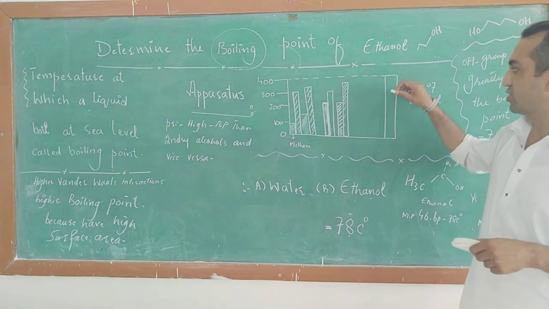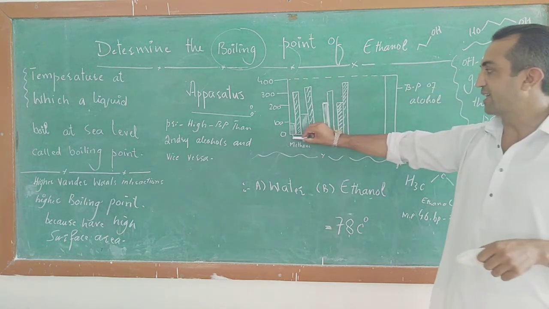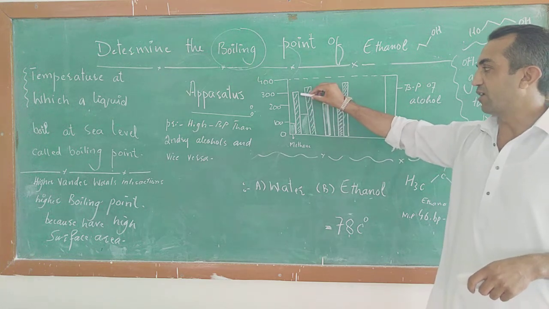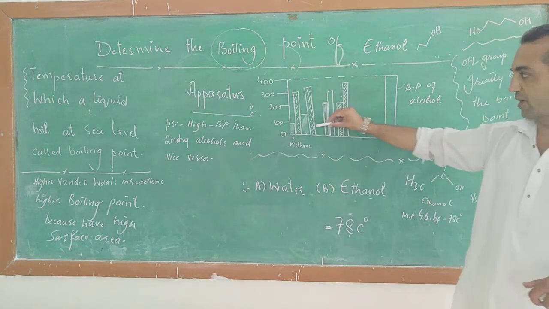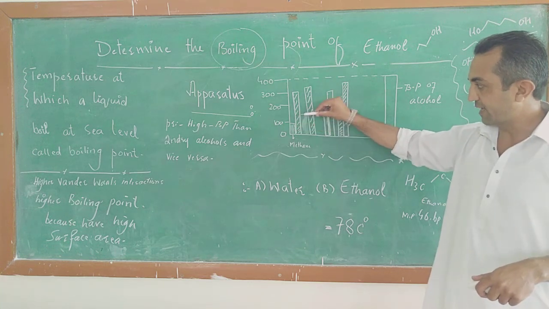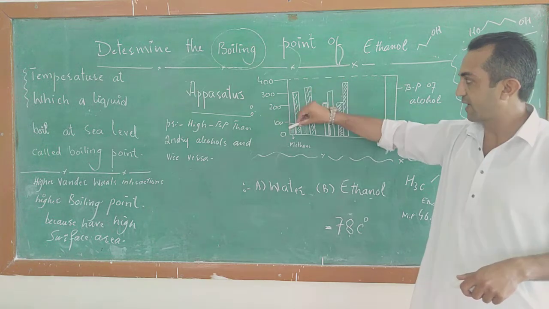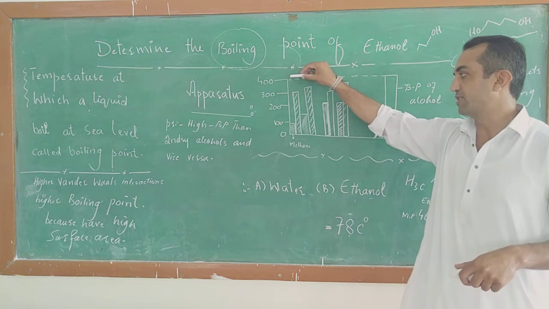So this is the chart. As you can see in this experiment, here in this chart we have compared the alcohols with the concerned alkanes. These are the alkanes, the small balls, and these are the alcohols. On this vertical line, we have shown their boiling points.